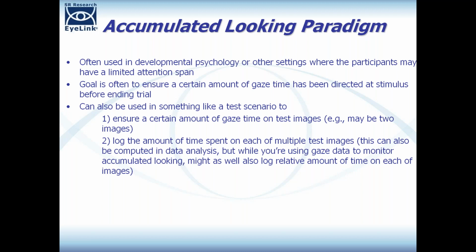So today, in the test phase, we'll be talking about an example that shows 2 images. And since we're monitoring the amount of time that they're spending on these images to implement the accumulated looking effect, we might as well log that amount of time so it's ready to go for data analysis. So we'll talk about how you can do that as well.